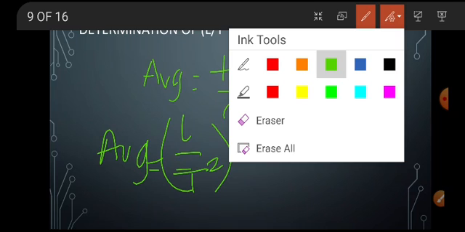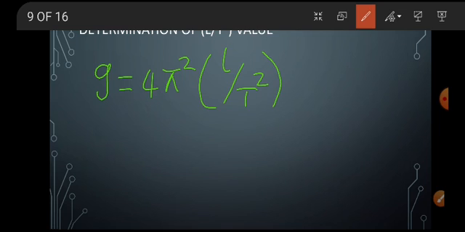Now you know the values of L by T square, then substitute this L by T square value in the formula. So what is the formula here? g equals 4 pi square L by T square is the formula.